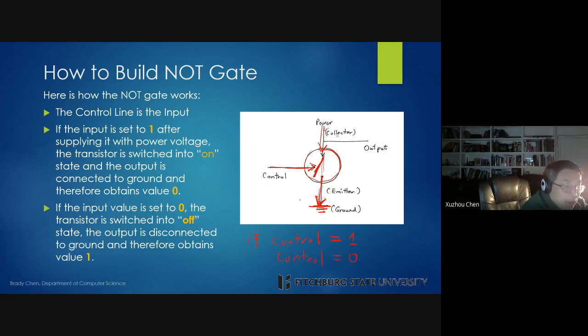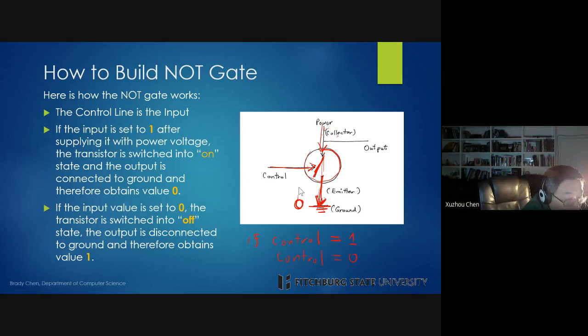That means the voltage is going to be 0, because you basically drain the electricity to the ground. So the voltage is going to drop to 0, right? The value is going to be 0 over here. It's always 0 because it's grounded. That's why if a wire is grounded, then it's safe. You can touch it. You will not be electrocuted.